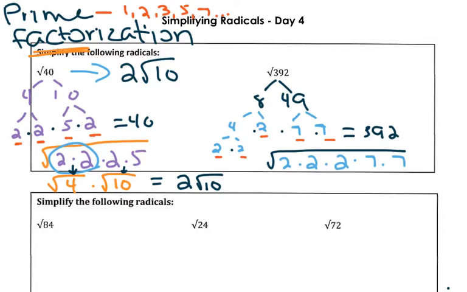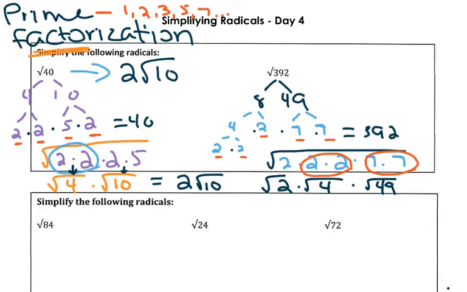Okay, and I could pair 7 and 7. And I could also pair 2 and 2. So if I were to break this apart, I would have radical 2, and radical 2 times 2 would be 4, times radical 7 times 7, which would be 49.